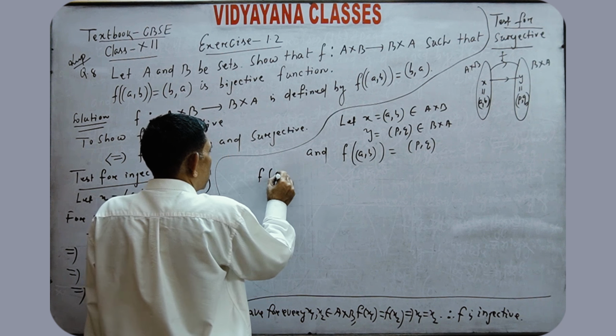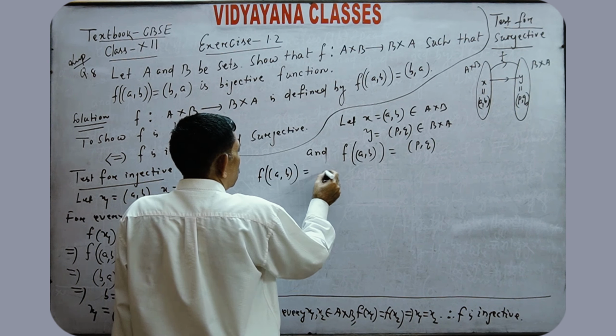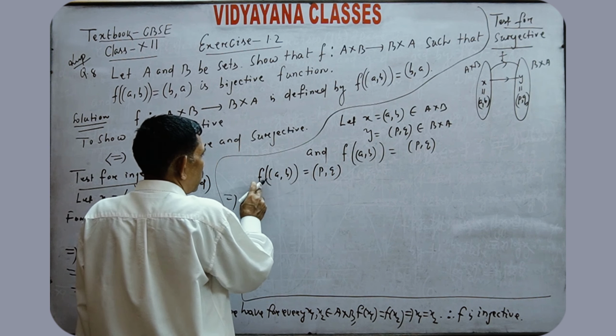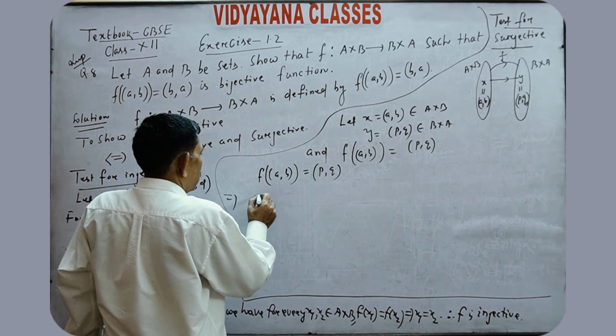F of AB ordered pair is equal to PQ ordered pair, which implies F of AB ordered pair is equal to BA ordered pair.